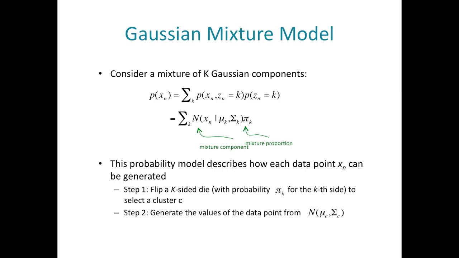Again, for a given point, the probability of being a member of one cluster or the other is sometimes higher, sometimes lower, and so there's going to be one of those sides of your die that has a higher probability, and that's the cluster that's going to be selected. Then, given that cluster, we generate the value for the data point using the Gaussian distribution, so basically using the average and the covariance matrix for that specific cluster.